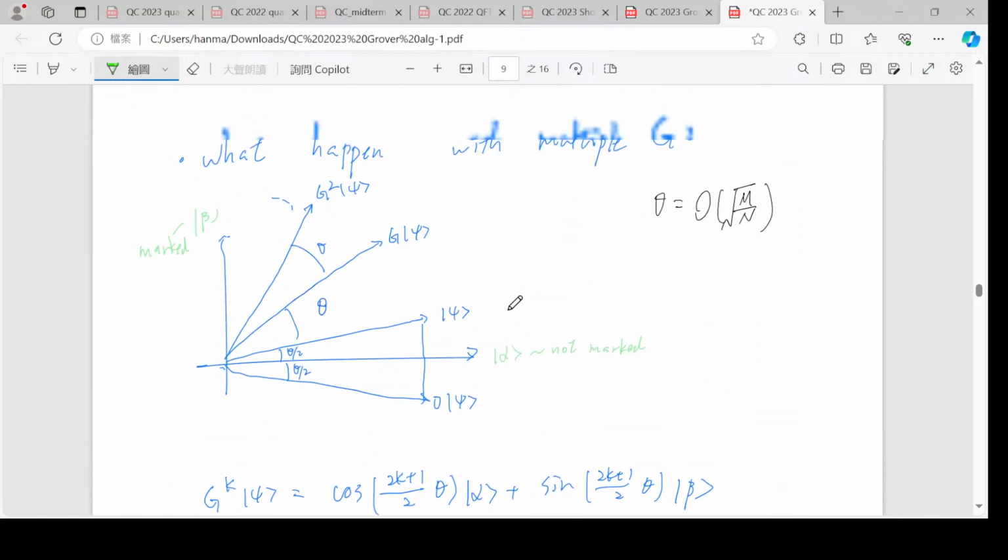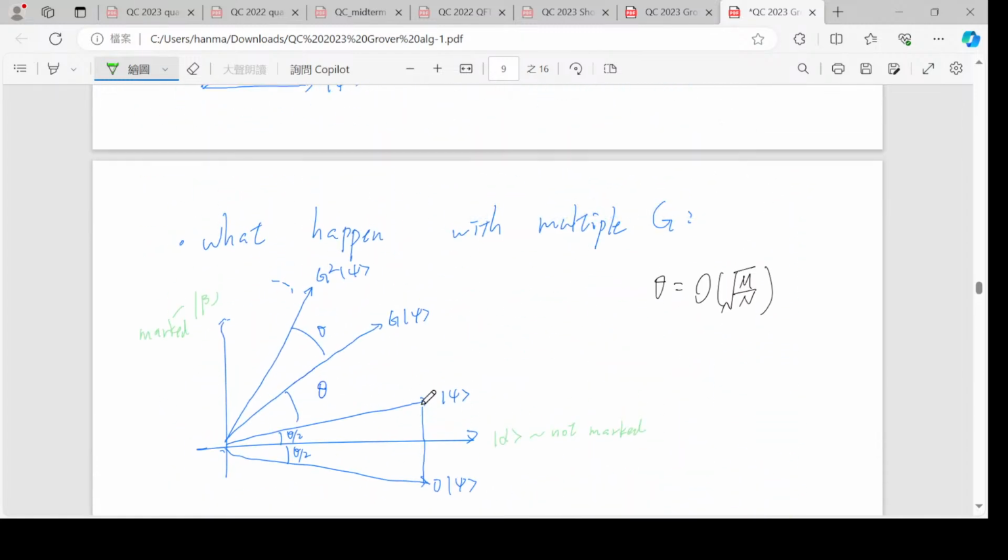Okay. So we have psi here, and then we consider the two-dimensional plane that's spanned by your psi, the uniform superposition of every computational basis state, and then this beta, that's the uniform superposition of all marked items. Okay.